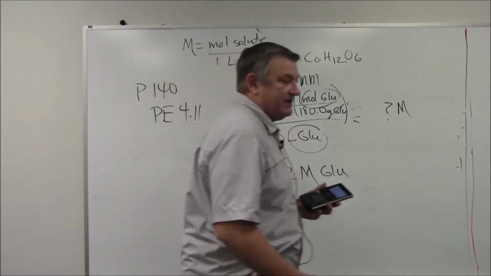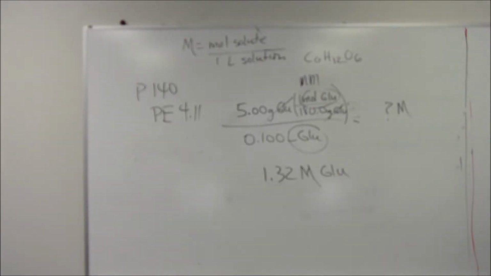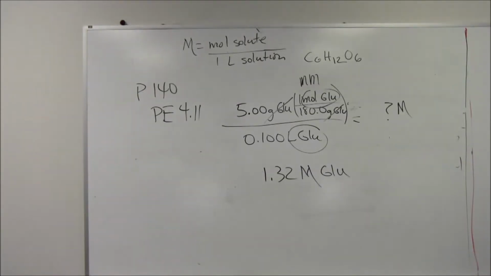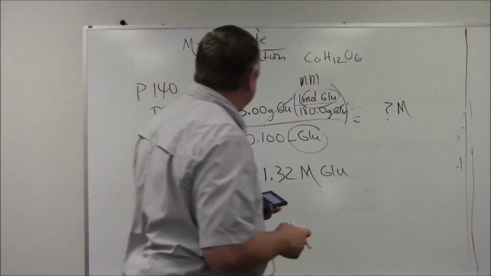And let's see what they got in the book, see if we match their answer. Well, I didn't do that right, did I? Let's see, what did I do wrong here?